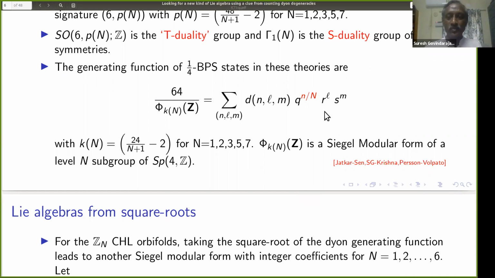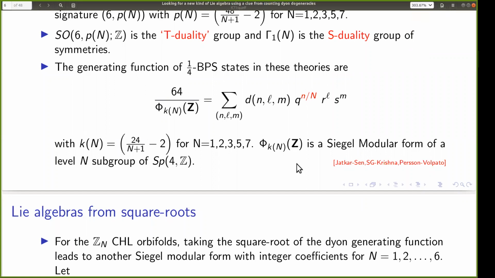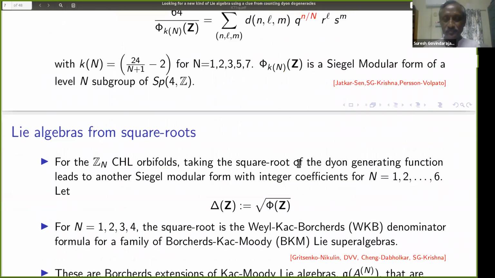So all I can say is there are 3 charges, and this is also 3-dimensional, so the fugacities are also 3-dimensional. Thanks. So Z is the upper half space, and SP4Z has a natural action on it. In my notation, SP2Z is SL2Z.